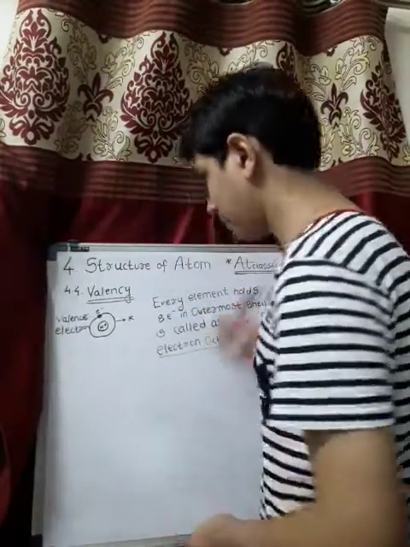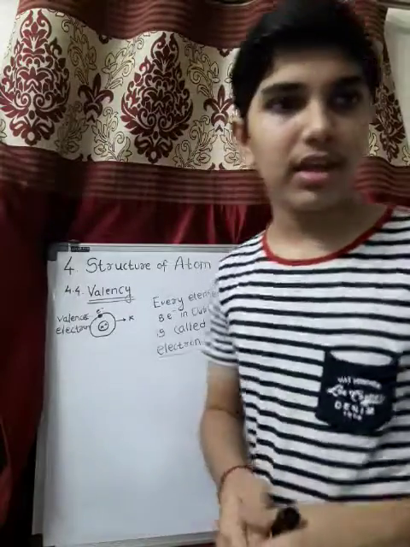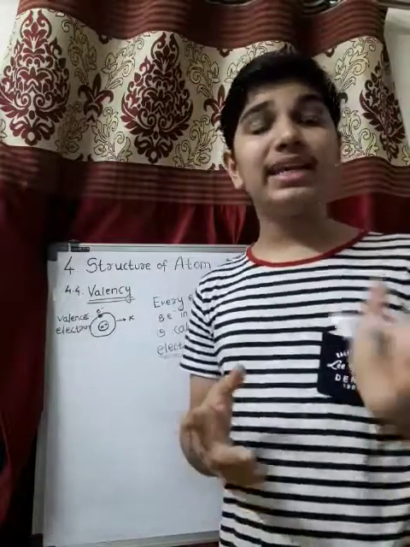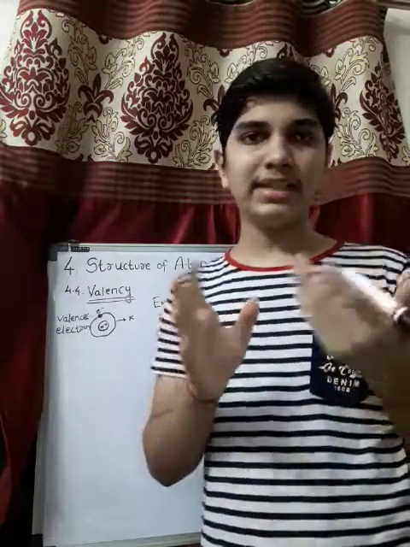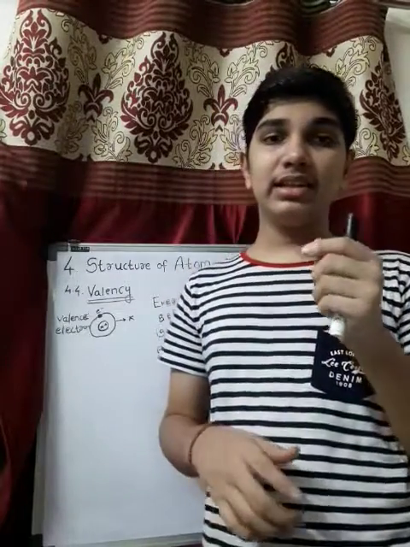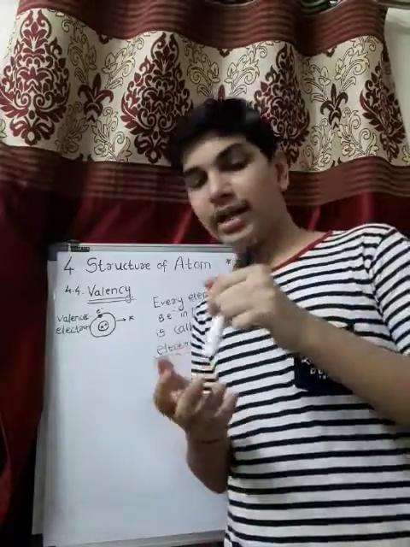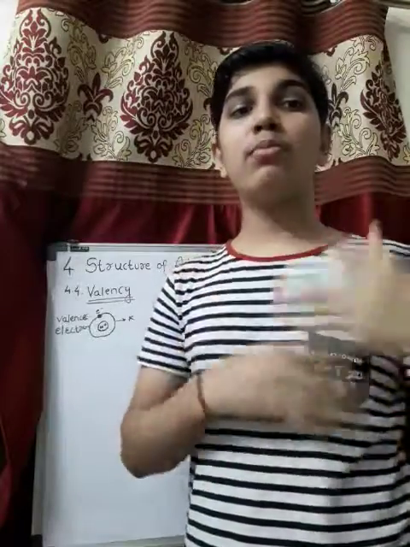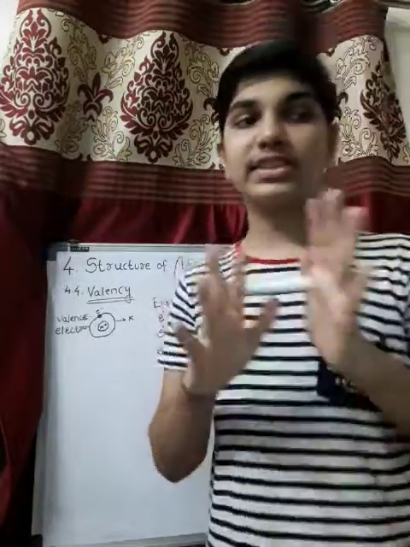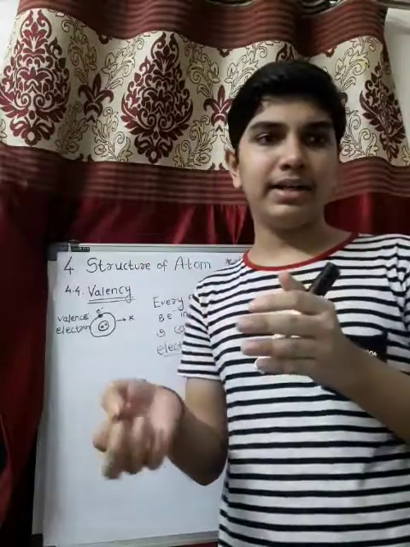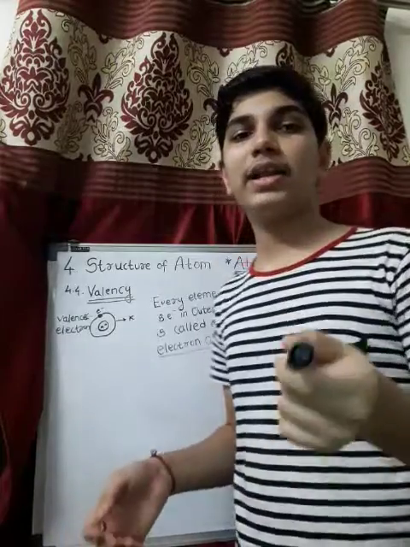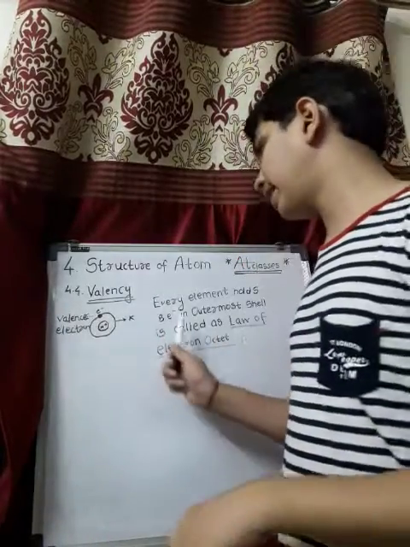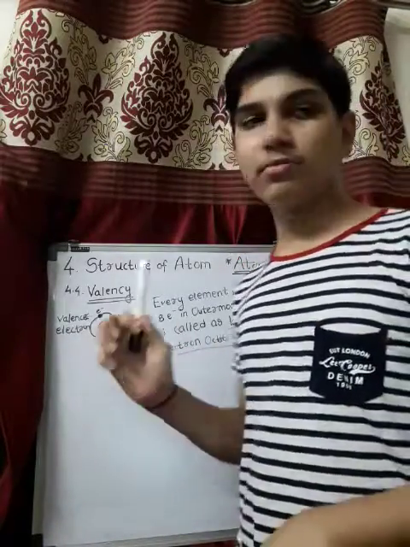Now the combining capacity of atoms of different elements, that is their tendency to react and form molecules with atoms of the same element or different elements, was thus explained by the attempt to attain the filled outermost shell.